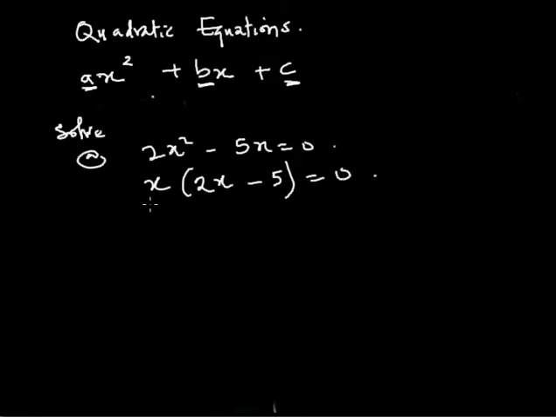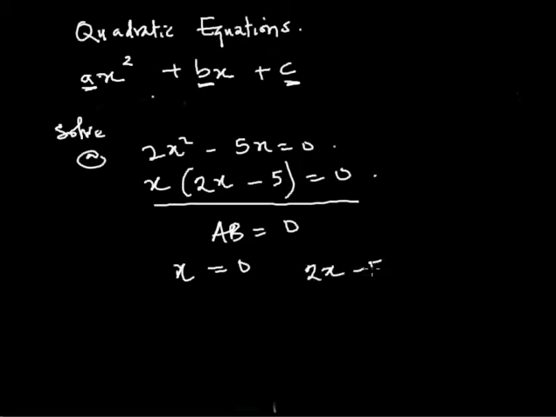With this equation that we have been able to factorize, we realize that it's in the form of AB is equal to 0. That means x can either be 0, or 2x minus 5 is equal to 0. With this in place, we can now see that 2x is equal to 5, so x is equal to 5 over 2.